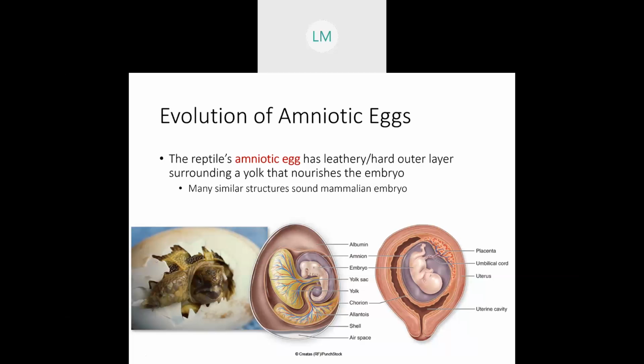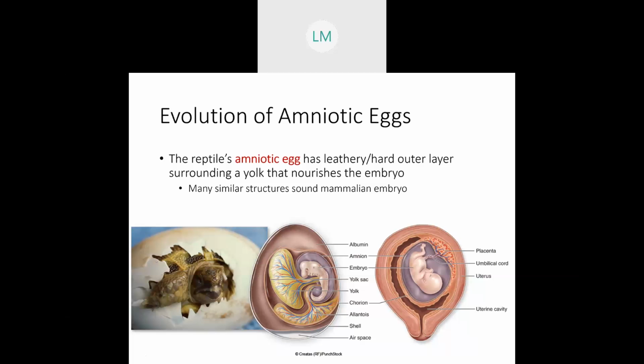So the amniotic egg has this hard or leathery outer coating, which is going to prevent the egg from drying out. So if you were to take a frog egg or any amphibian egg out of the water, it would desiccate, it would dry out, and that embryo would not be able to survive. But these eggs are watertight, so there's no loss of water happening. They have this hard or leathery outer layer.